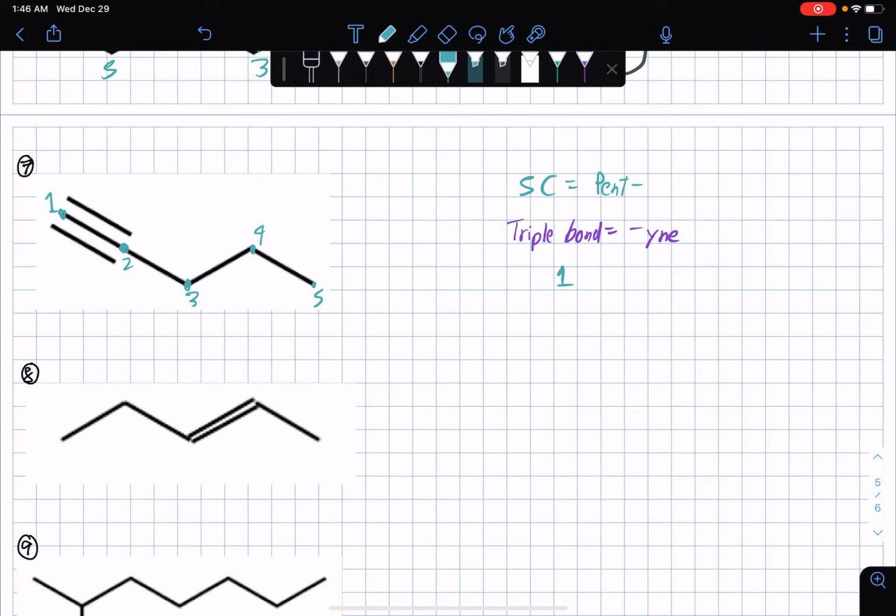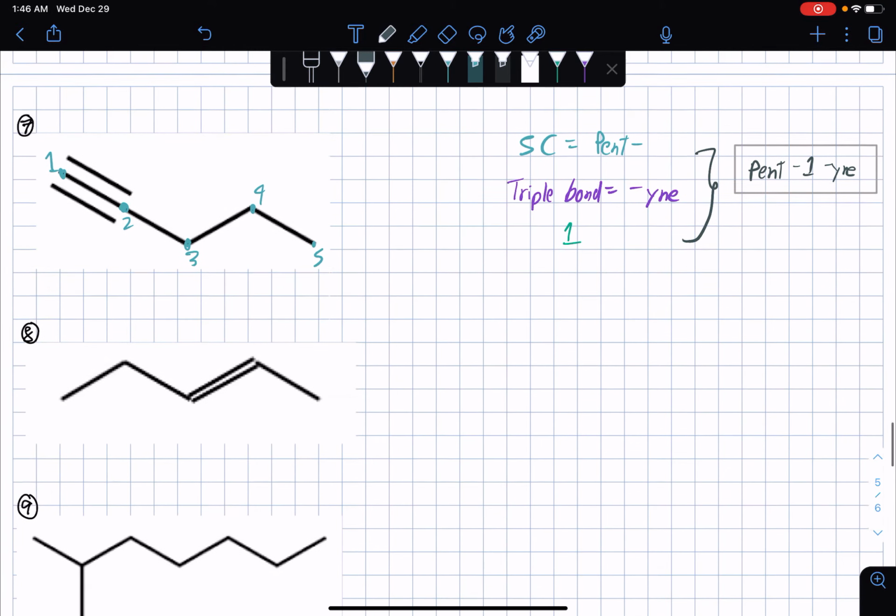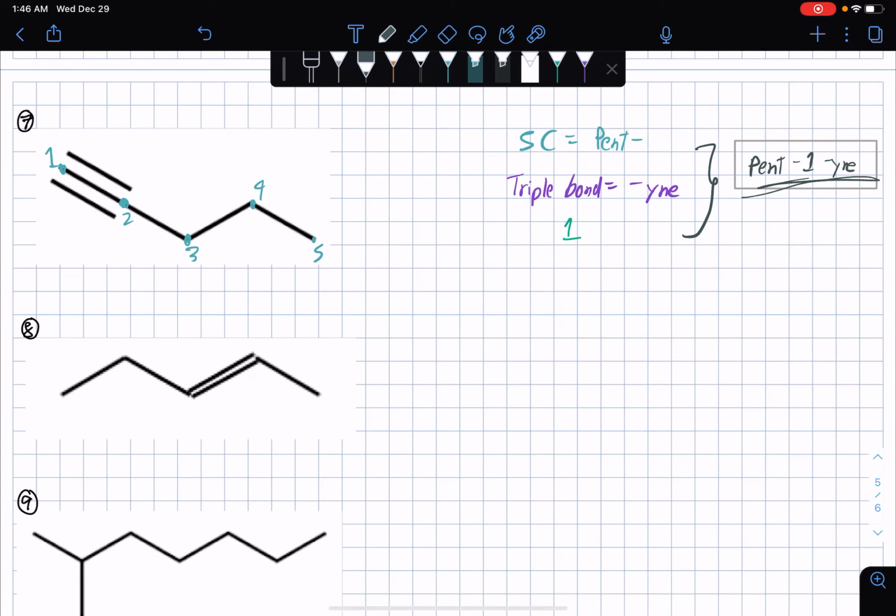So we have number 1 over there. Let's just write that in green. And combining all these ingredients, we have pent-1-yne. Pent-1-yne. I'm not sure if that's how we say it, but if you read it raw, it's really going to sound like pent-1-yne.